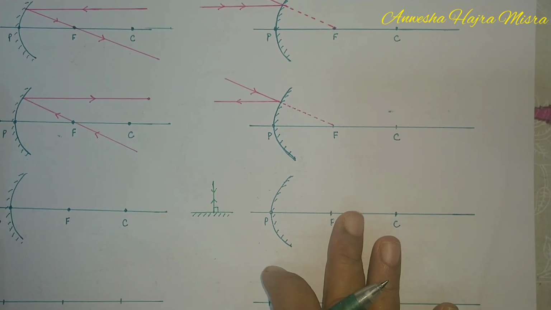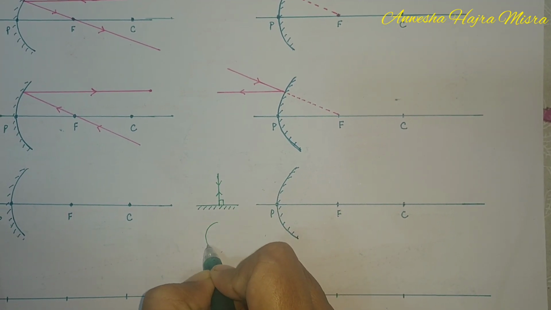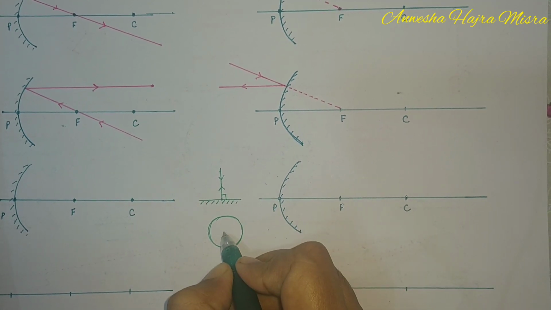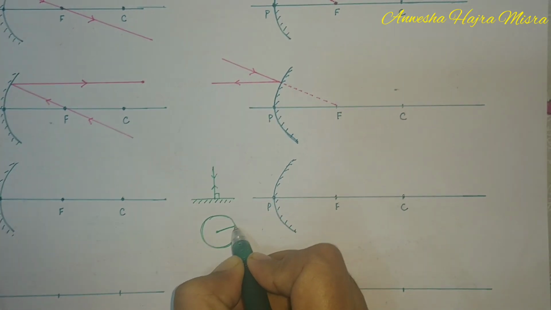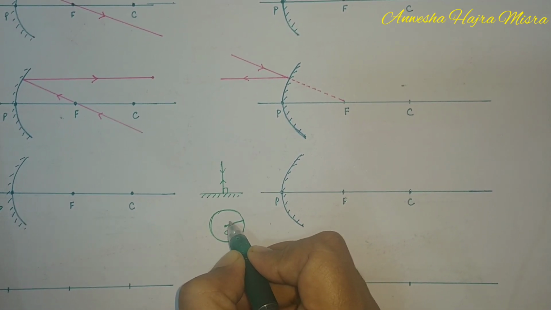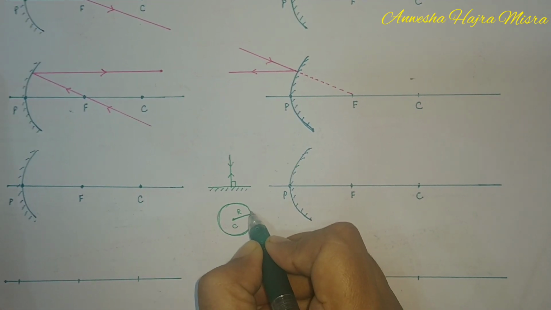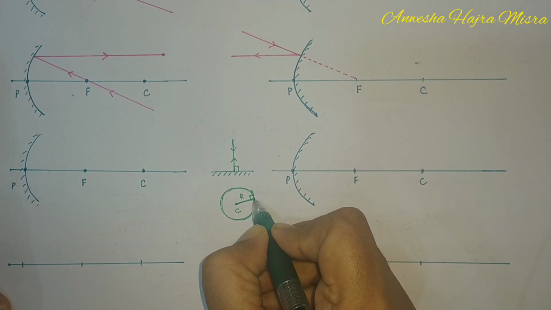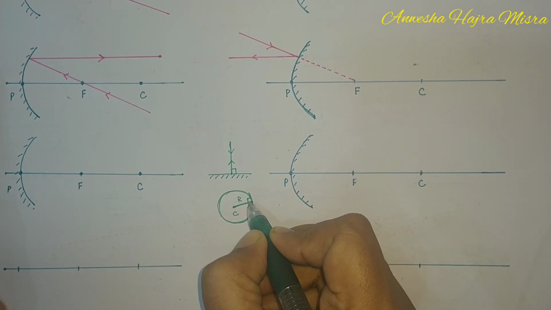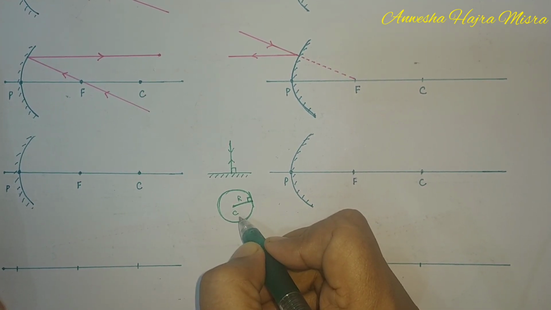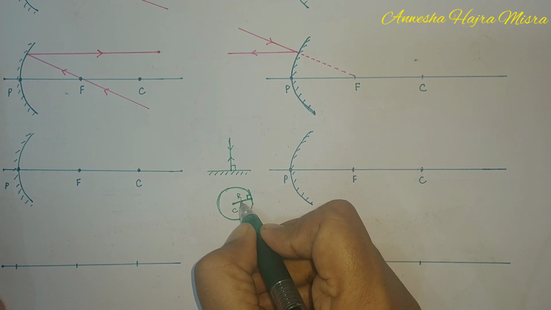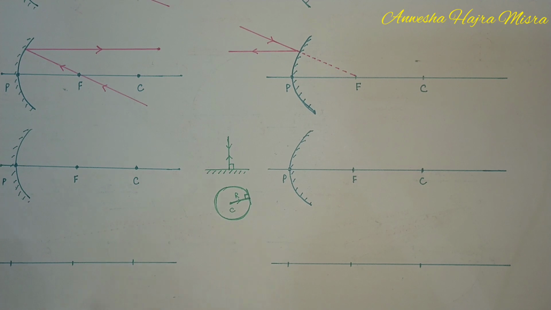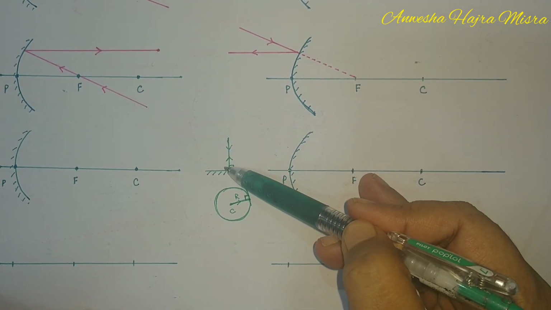And for a sphere, I told you all, the radius from the center, if you draw any line, it is perpendicular to that point. From the center, if you draw a line to a spherical surface, it is always perpendicular to that point. So a ray through the center of curvature can be taken as normal to the surface. And any ray which falls normal on a mirror will go back.